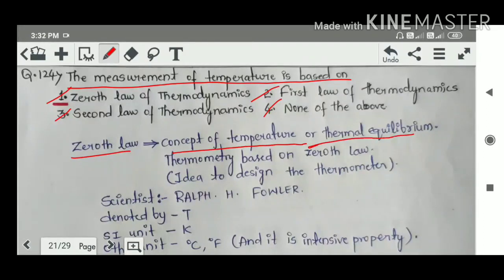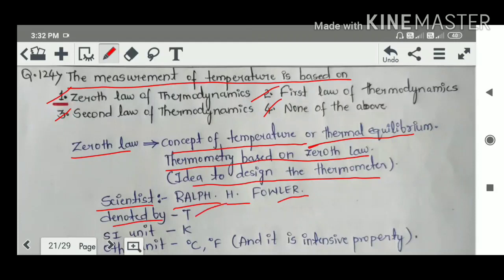Okay friends, thermometry is based on the zeroth law only. This law gives the idea to design the thermometer. Okay, the scientist's name is Ralph H. Fowler, and temperature is denoted by T. The SI unit is Kelvin, and other units are degree Celsius and degree Fahrenheit, and it is an intensive property of thermodynamics.